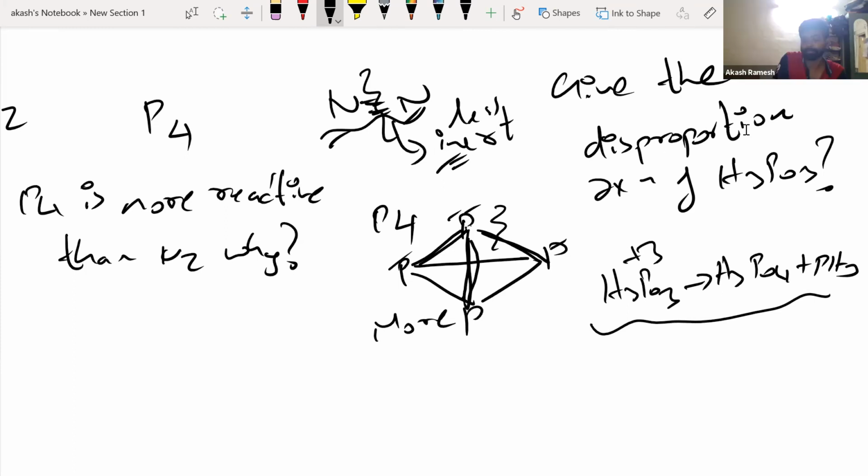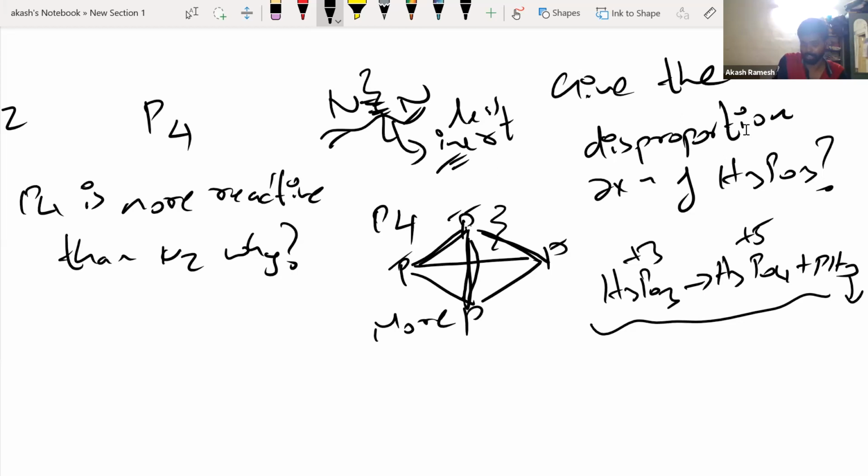And H3PO4 has +5 oxidation. And PH3, P has +1 oxidation. Check properly.